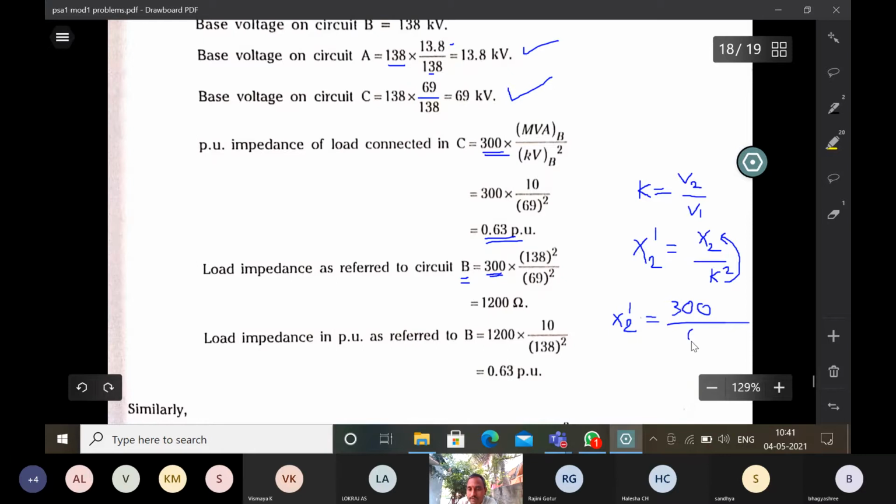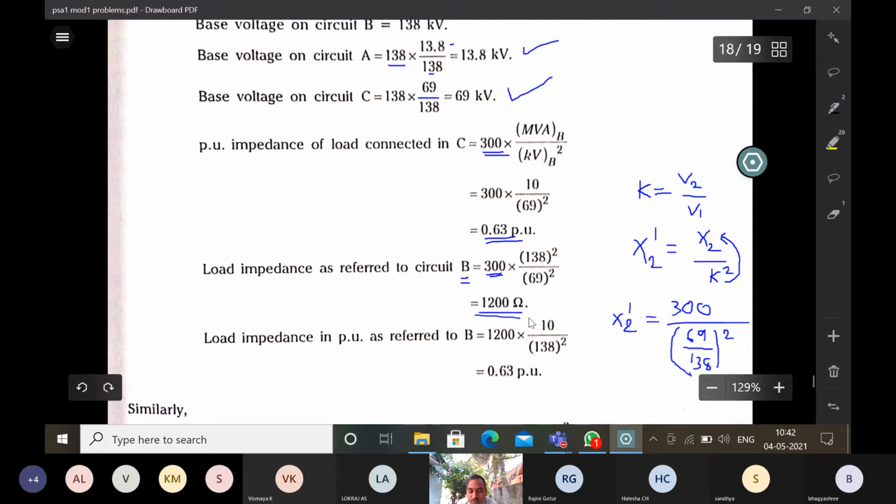V2 is 69 by V1 is 138, squared. If you simplify, 138 goes to the numerator: 138 square by 69 square. Is it clear? The load impedance referred to circuit B, we will get 1200 ohm.